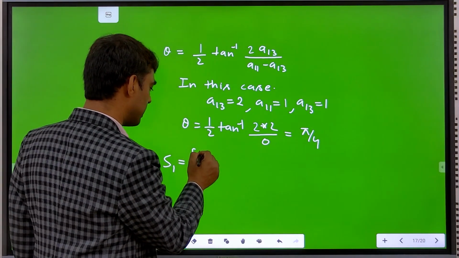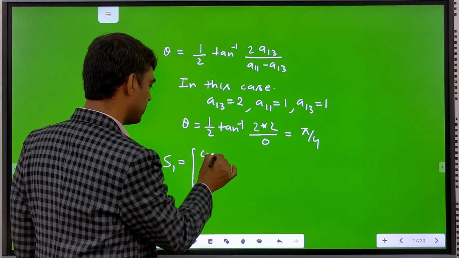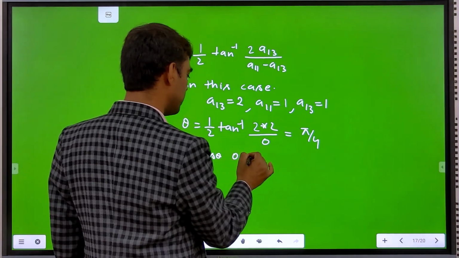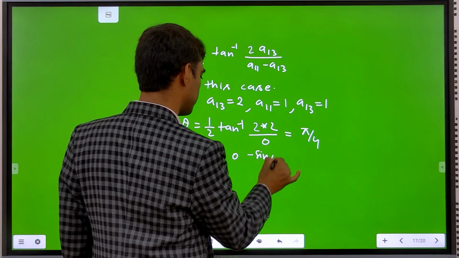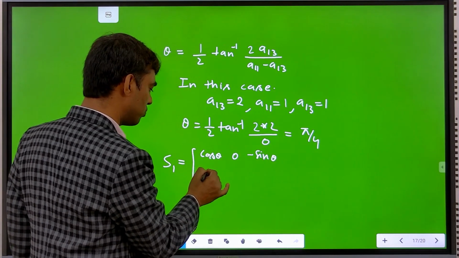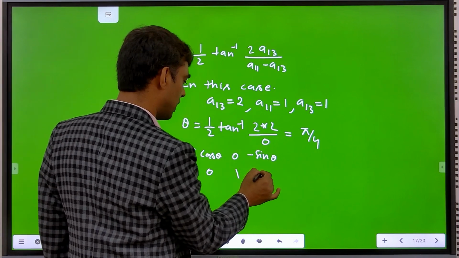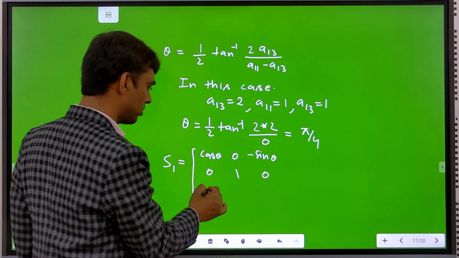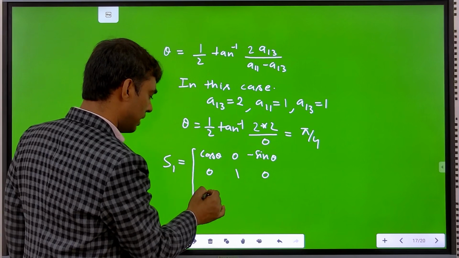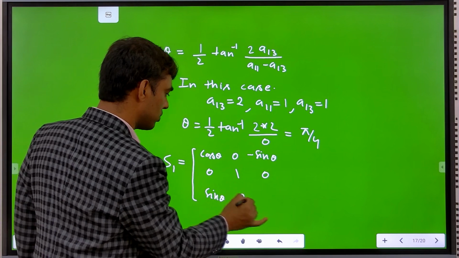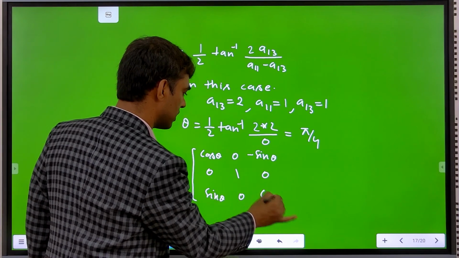In place of A11 we write cos theta, in place of A13 minus sin theta, in place of A31 sin theta, and in place of A33 cos theta. So the transformation matrix S1 has cos theta, 0, minus sin theta in the first row, 0, 1, 0 in the second row, and sin theta, 0, cos theta in the third row.